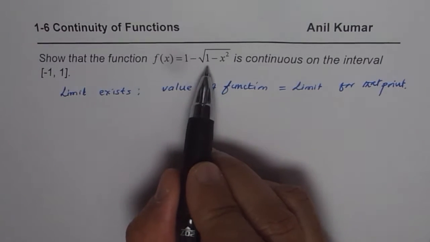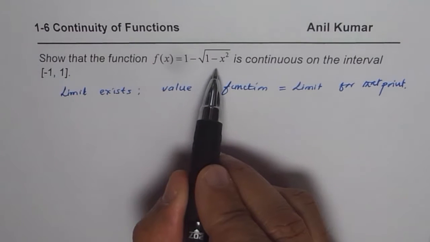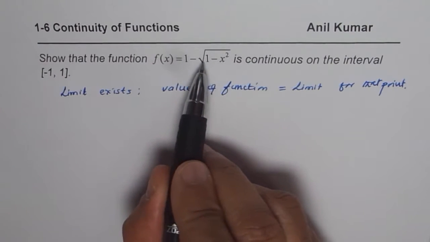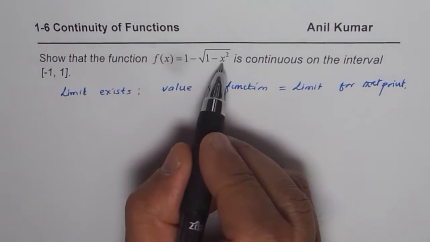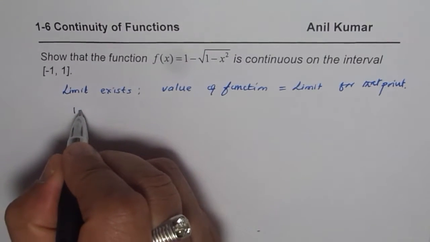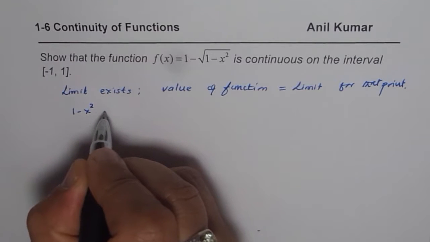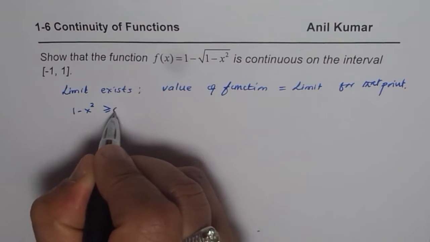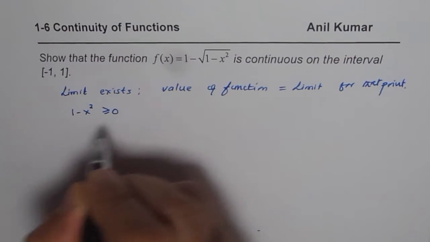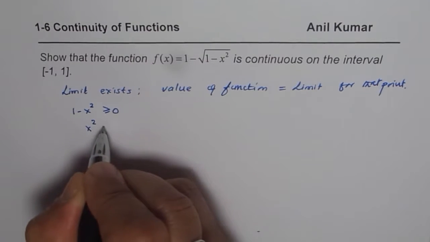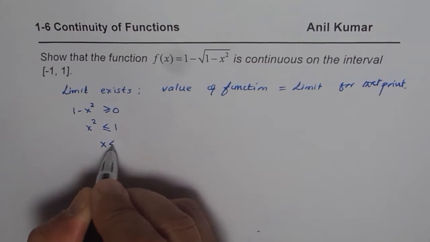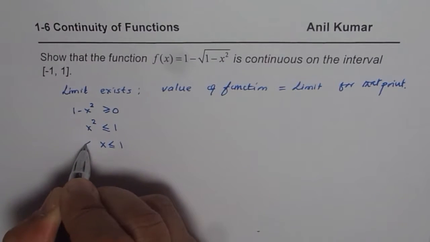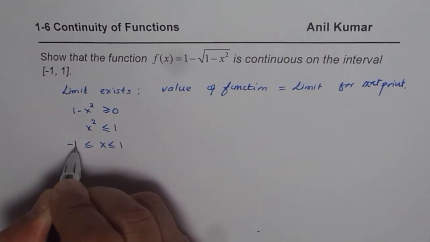Now this function is kind of special since it has a restricted domain. So let's figure out the domain of this function. We have square root of 1 minus x square. That means 1 minus x square should be greater than or equal to 0, right? So that gives us that x square should be less than or equal to 1, or x is less than or equal to 1 but greater than or equal to minus 1.